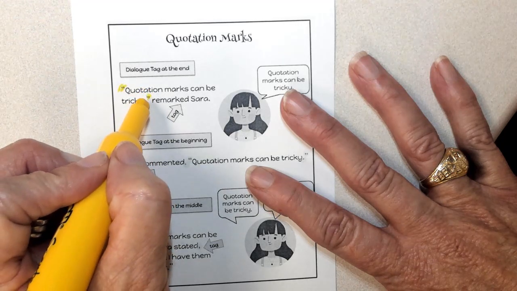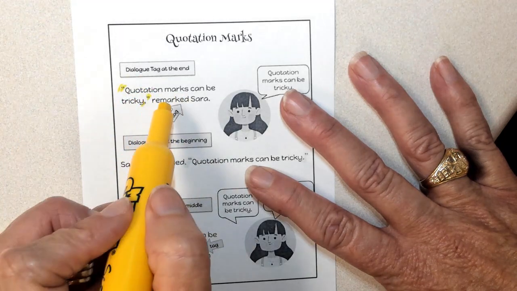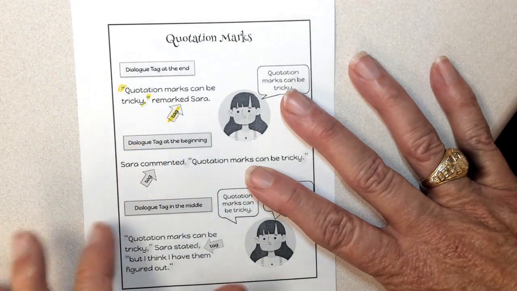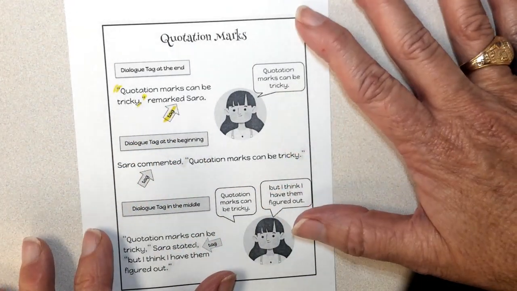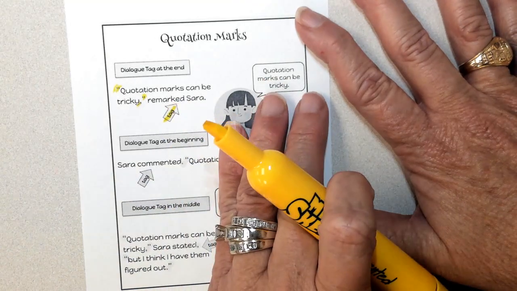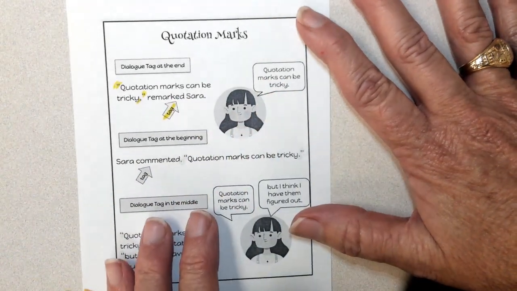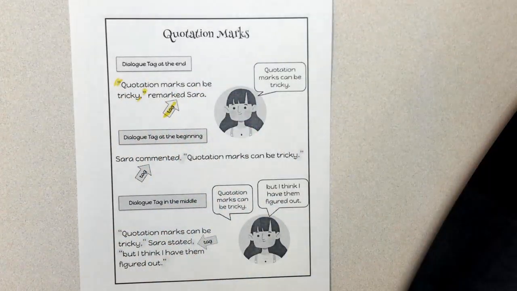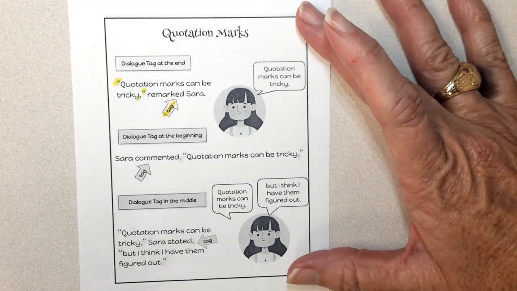And then we have this comma, remarked Sarah. So that tells us who is doing the speaking. Quotation marks can be tricky, so just remember that they are what we put around dialogue between two characters or people having conversation.